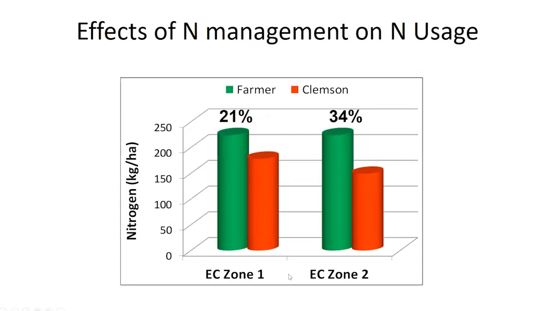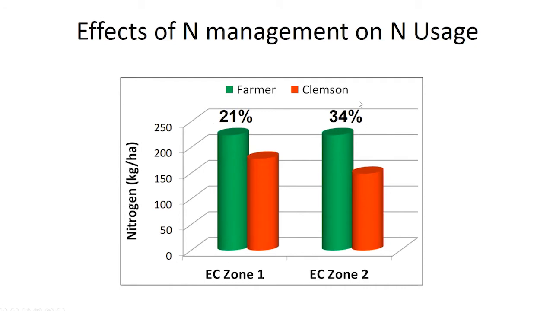So we compared the farmer's method, meaning conventional, and the NDVI measurement, as I mentioned, that was at Clemson, and we saved 21 and 34% of the nitrogen. The difference is because of the difference in zones.